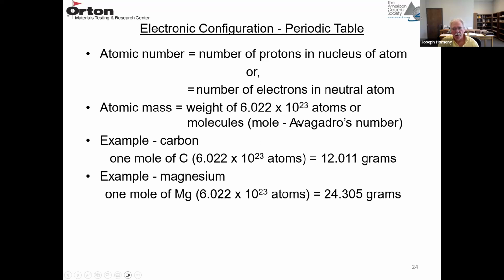This number is Avogadro's number. It's known as one mole. So 6.022 times 10 to the 23 atoms make up 1 mole of an atom or a molecule.